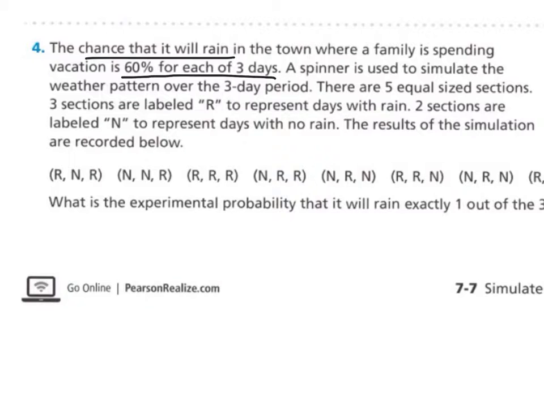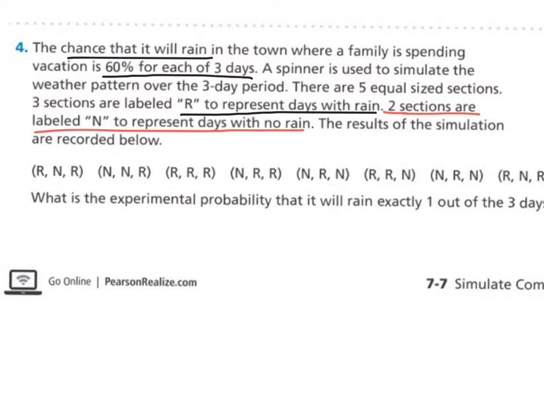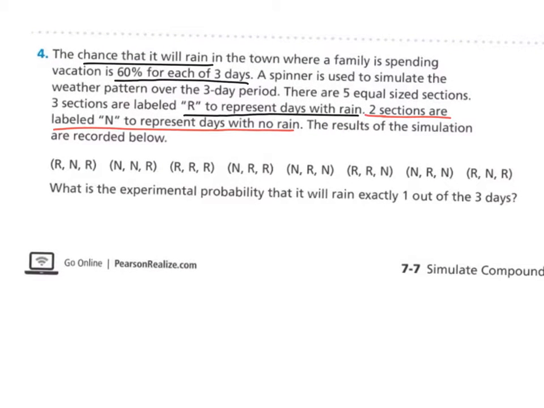There are 5 equal-sized sections, 3 sections labeled R to represent days with rain, and 2 sections labeled N to represent days with no rain. So there's the results. And then what is the experimental probability it will rain exactly 1 out of the 3 days? So rain is the R.